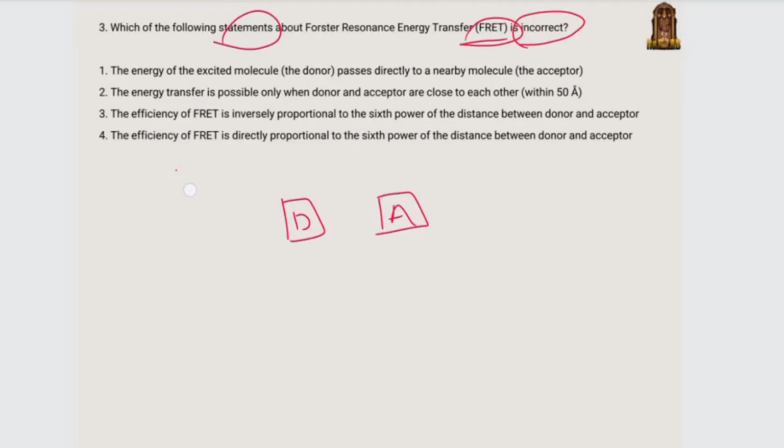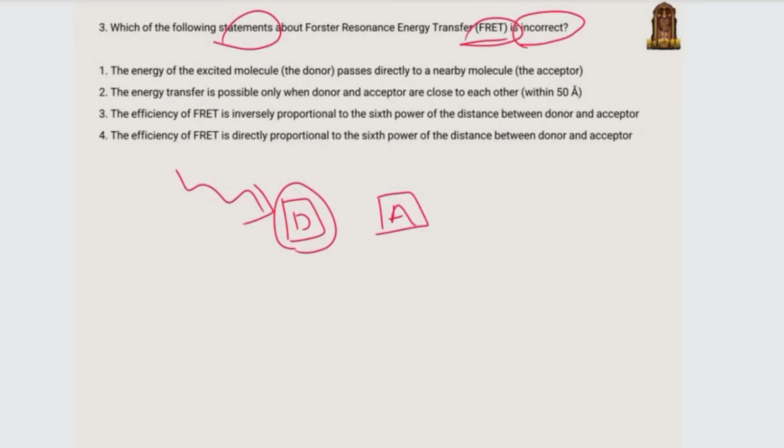At first the excitation light should come to the donor. The excitation light should have a specific wavelength, so that light has some energy that can be transmitted to the donor. Energy will be transmitted to the donor and the donor will be excited.